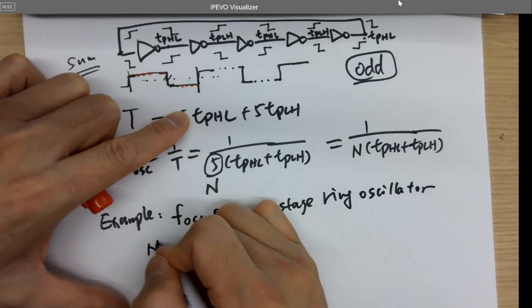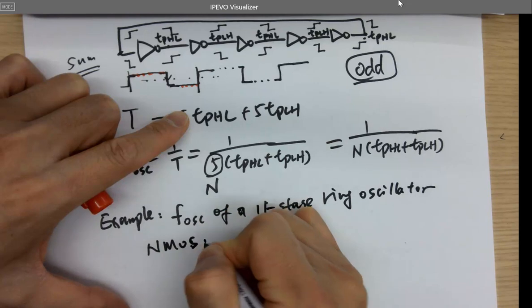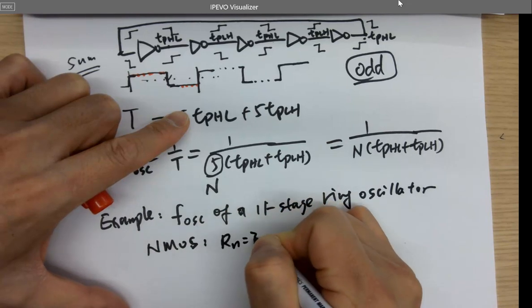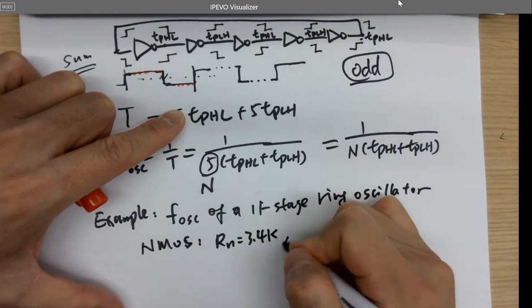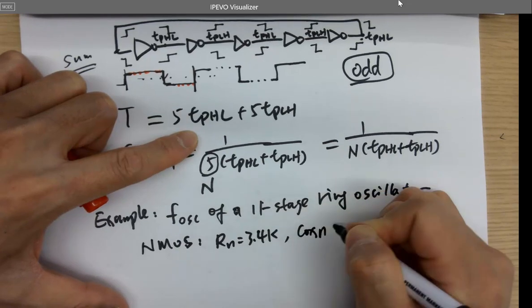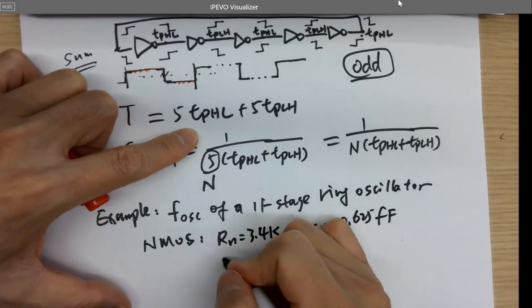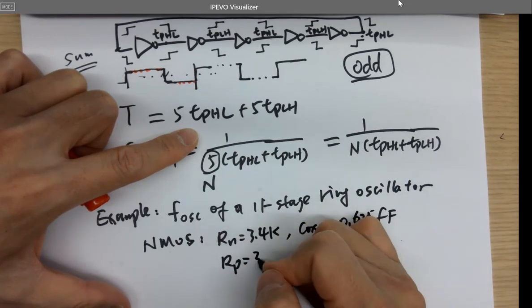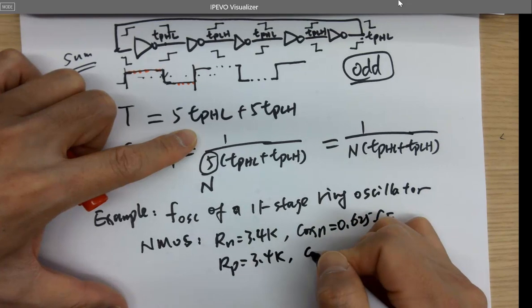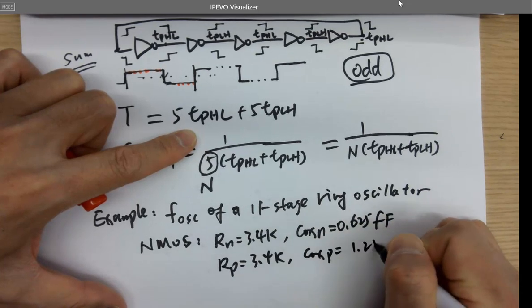And these are the parameters. NMOS: Rn equals 3.4K. These are all from the textbook. Cuxn equals 0.625 femtofarads. Rp equals 0.4 kilo. Cuxp equals 1.25 femtofarads.